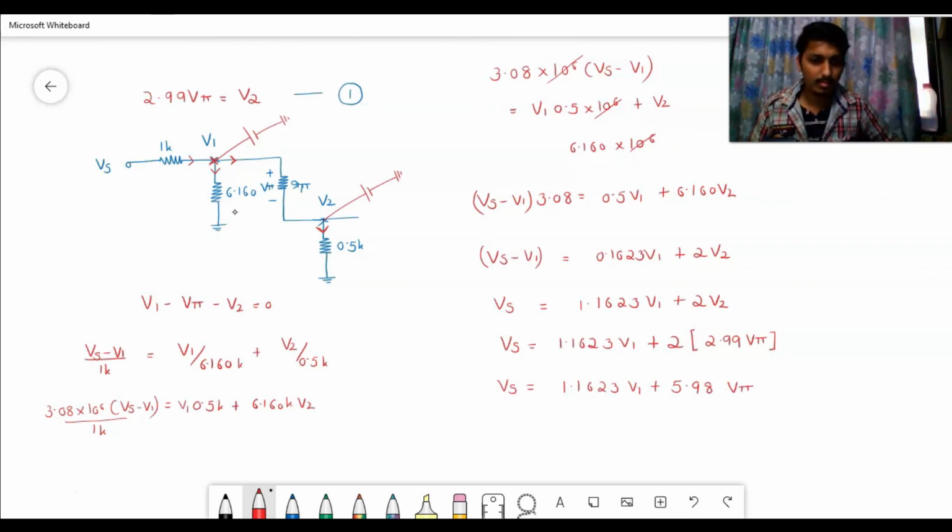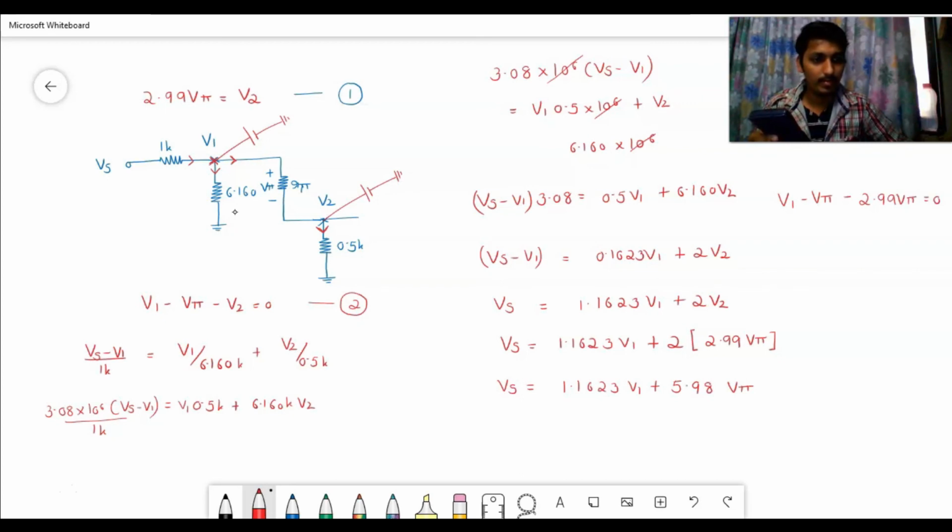V pi. So one equation comes out to be in V pi, but V1 is left out here. So we will give V2 in terms of V pi here. I will call this equation 2. Substituting 2 in 1, we will get V1 minus V pi minus V2, and V2 is nothing but 2.99 V pi. So 2.99 V pi comes out to be 3.99 V pi.